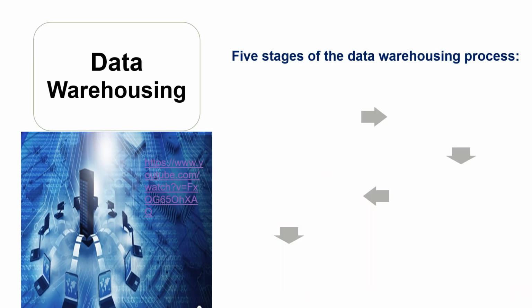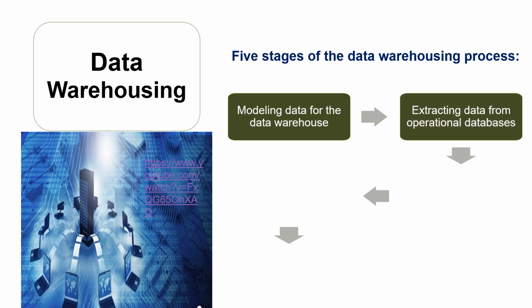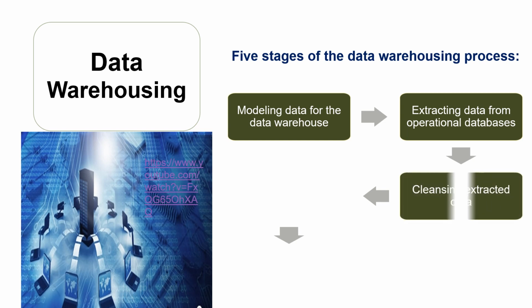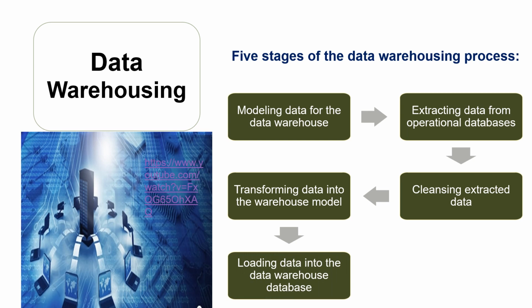So let's look into the five stages of the data warehousing process, starting with modeling data for the data warehouse, then extracting data from the operational database, then cleaning the extracted data, then transforming data into the warehouse models, and lastly loading this data into the data warehouse database.